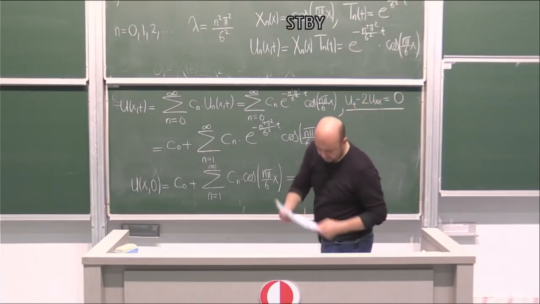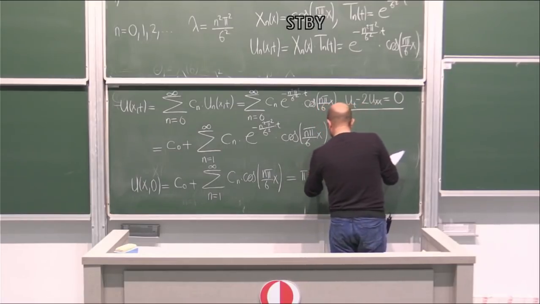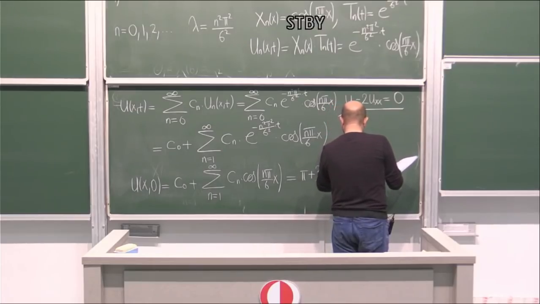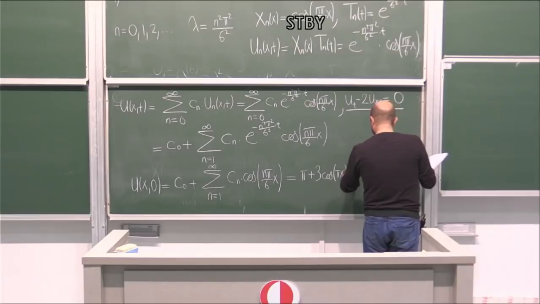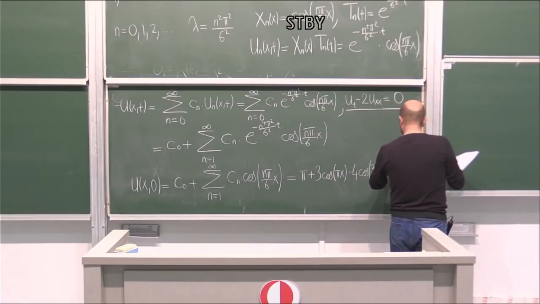Let me rewrite it. We have pi plus 3 times cosine pi x minus 4 times cosine 3 pi over 2 x minus cosine 3 pi x.